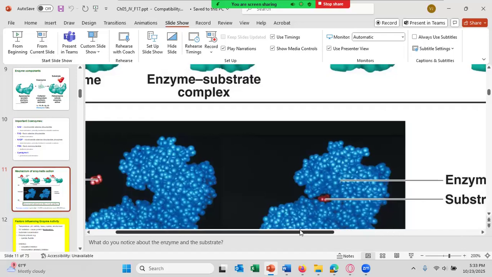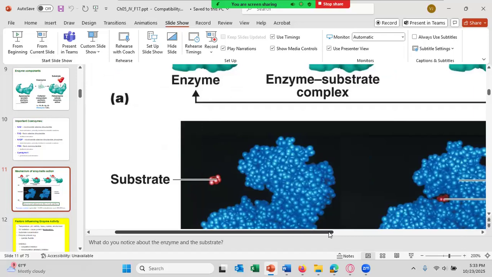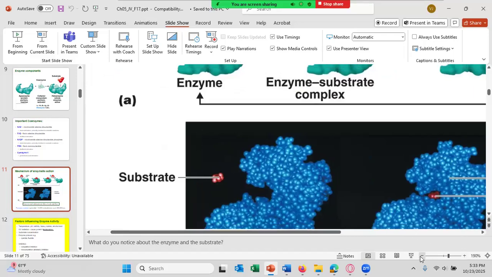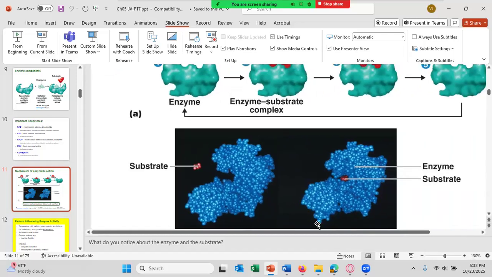There are three very obvious things about what's going on. Anyone have a guess? Student: It looks like it closes once it's in there. Yeah, the enzyme changes its shape when it binds to the substrate. And that's why we call it the hand in the glove. The glove modifies its shape to fit the hand. So that's why we call it the hand in the glove model.